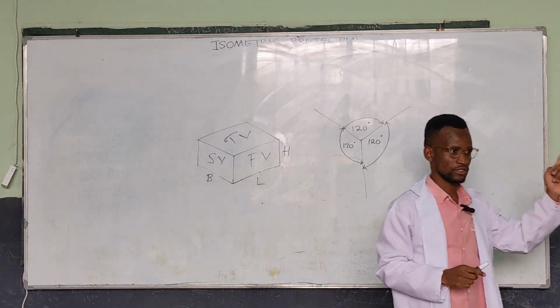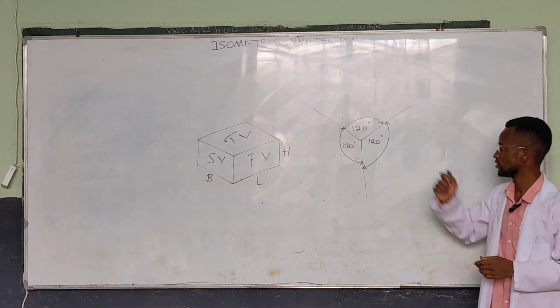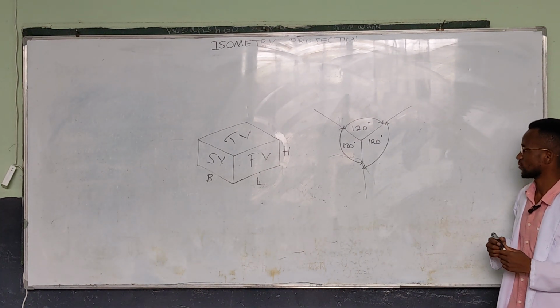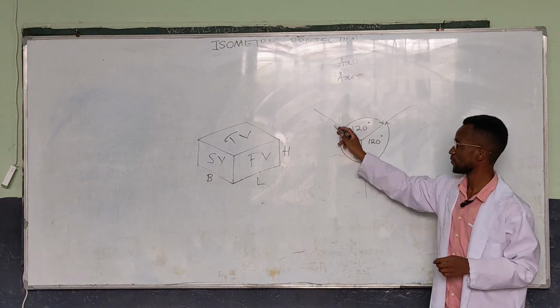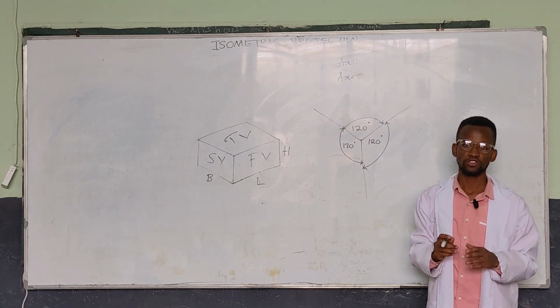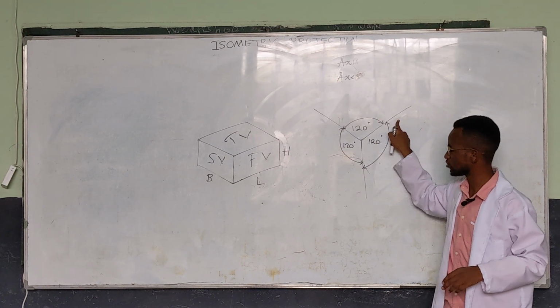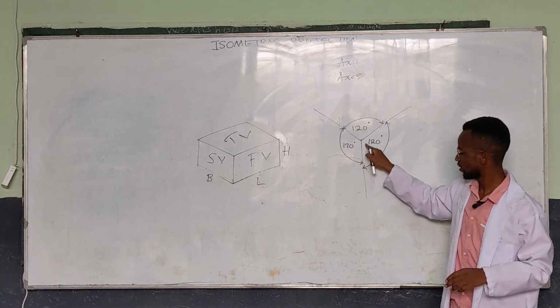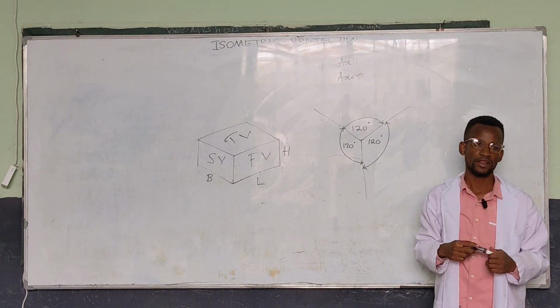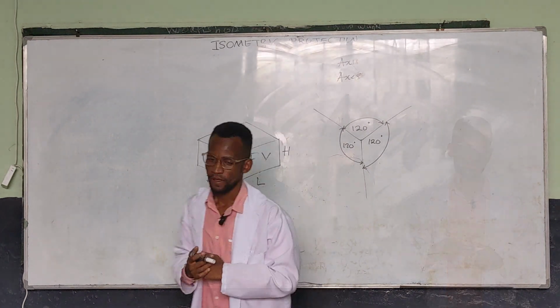So that's 360, right? So these two here are called horizontal axes, and this one here is called a vertical axis.